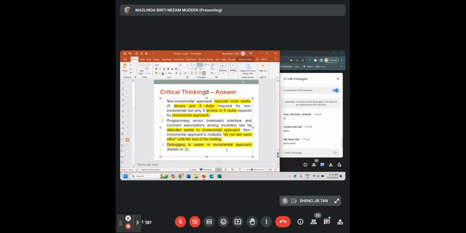But in non-incremental approach, we will only detect them after they have been combined as a whole system, so the debugging will be much more complicated.